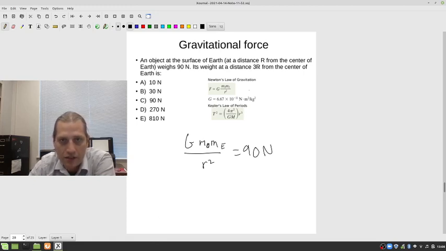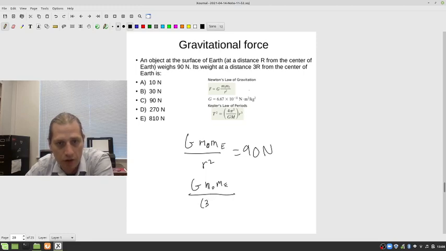Its weight at a distance of 3r from the center of the Earth is, well, the mass of the object didn't change. The mass of the Earth didn't change. All that changes is this distance. We're going from r to 3r. I'll put a big R down there just so we realize we're talking a specific radius.